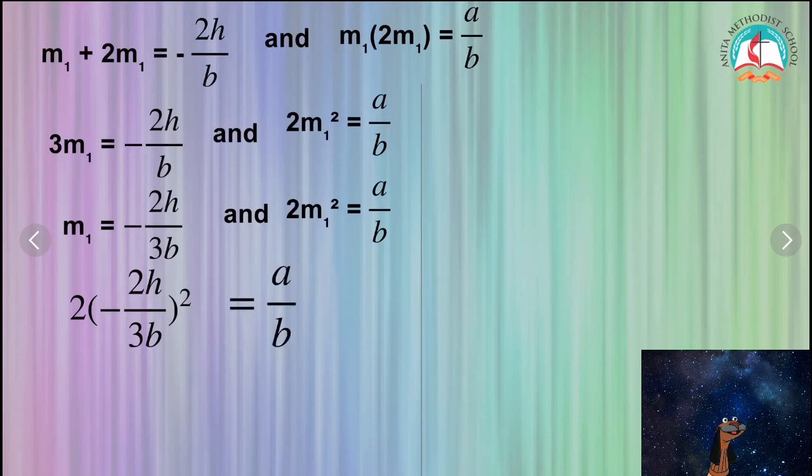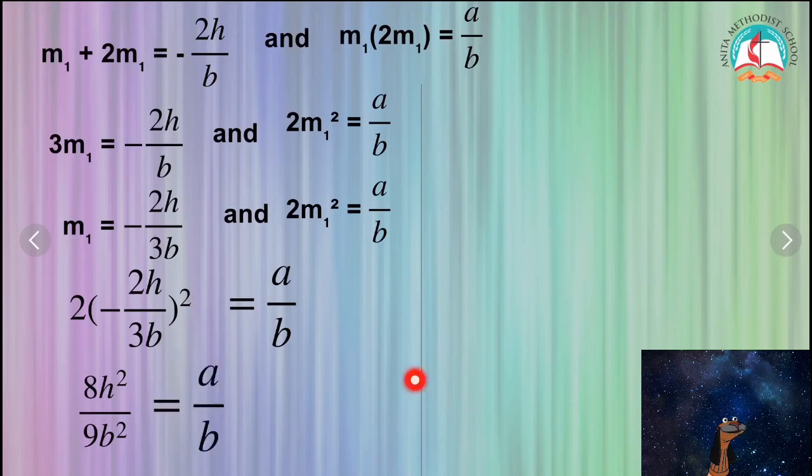Now minus square will be plus. 2 square 4, h square, 3 square 9 and b square. So what is this going to be? 2 2s are 4, 4 2s are 8. Therefore 8h square divided by 9b square, because in the denominator you have 3b the whole square, is equal to a by b.